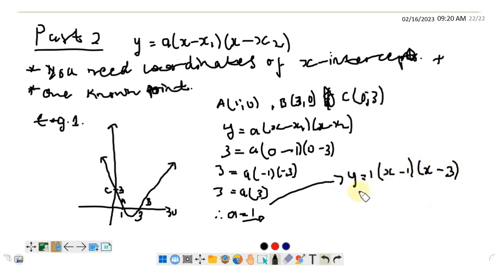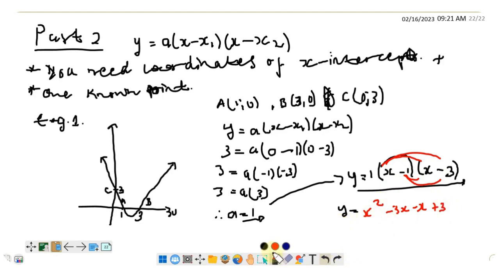If they need you to expand it further, then you'll do that. The 1 is just 1, so leave it. So I'll expand everything in the bracket. x by x is x squared, then x by negative 3 is negative 3x, and then negative 1 by x is negative x, negative 1 by negative 3 is positive 3.